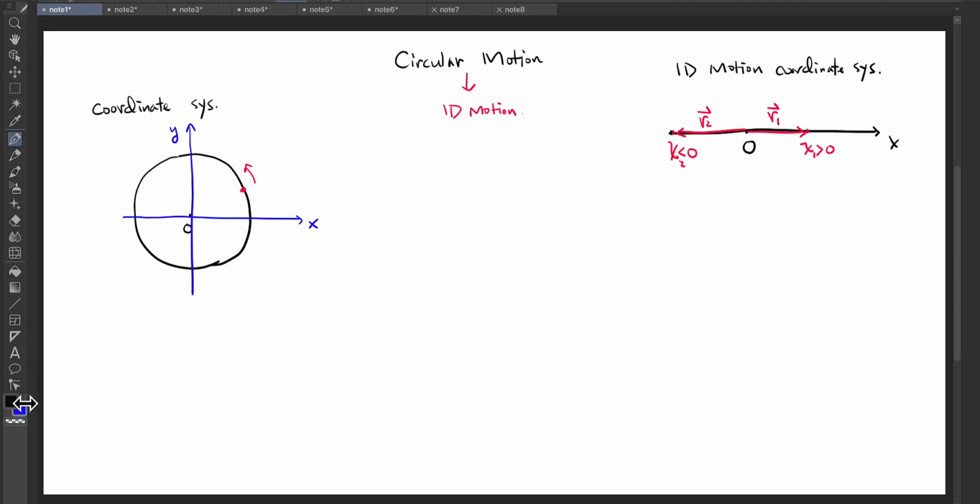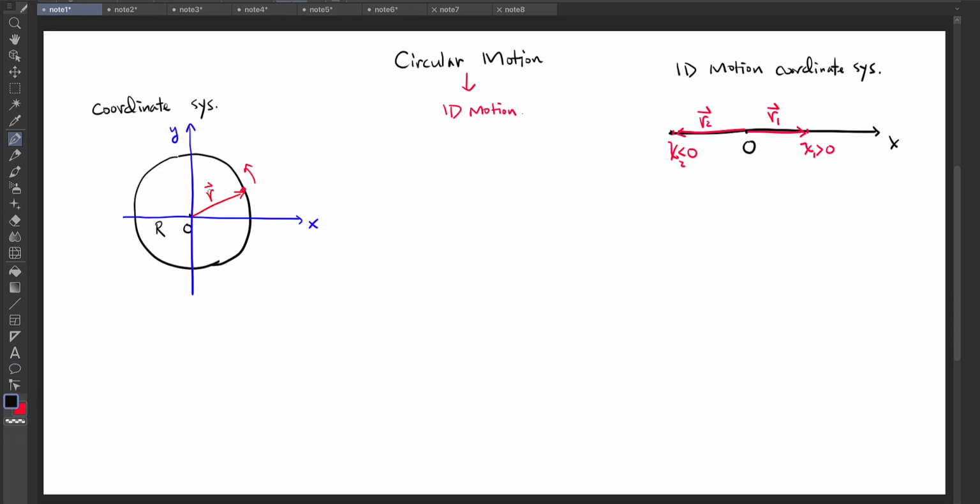And if an object is here, then we say its position vector is this quantity, this arrow. And suppose that the radius of the circle is capital R. We're going to use this capital R just to represent the distance from the circle to the center.